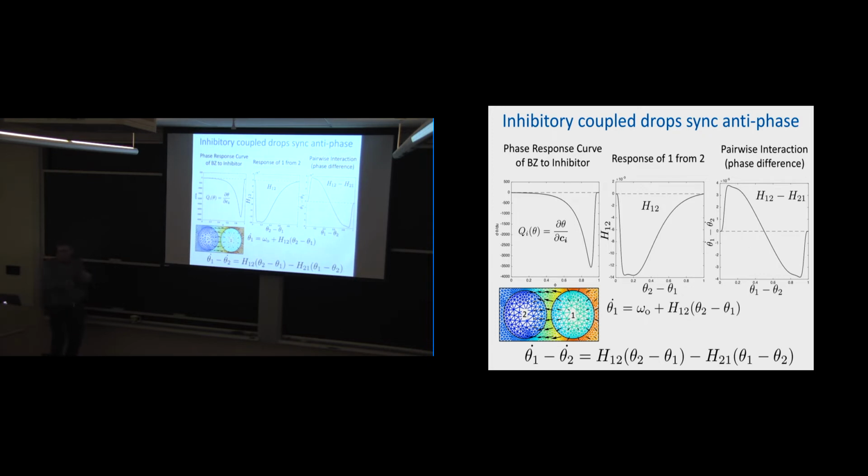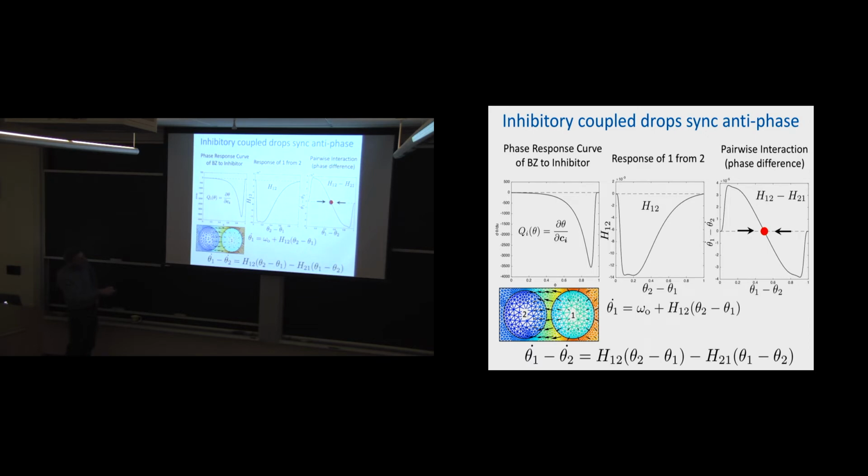So I want to know, do the two drops synchronize? I don't care if they synchronize at 3 o'clock or at 12 o'clock. I just want to know what their relative phase difference is. And so then I just have this one equation. This is this coupling equation of the differences. And then I can just use one-dimensional stability analysis. This tells me how the phase difference evolves in time, the time derivative of the phase difference.